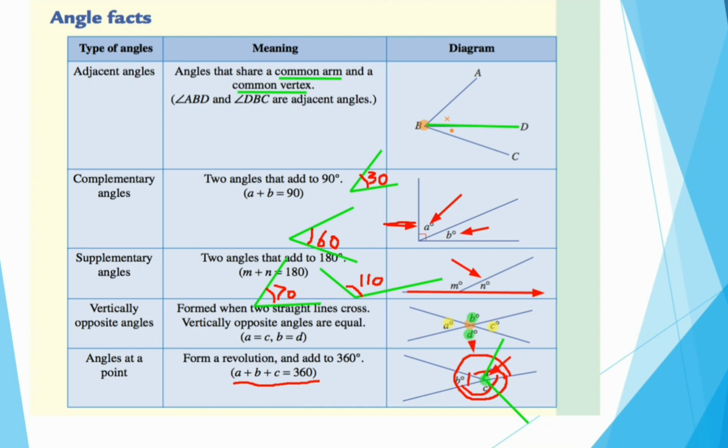One is this, second is this, third is this, fourth is this, and fifth is this. All angles meeting at a point. So sum of all these angles will be 360 degree. So these are a few pairs of angles made up with lines, and when lines meet somewhere, angles are formed.